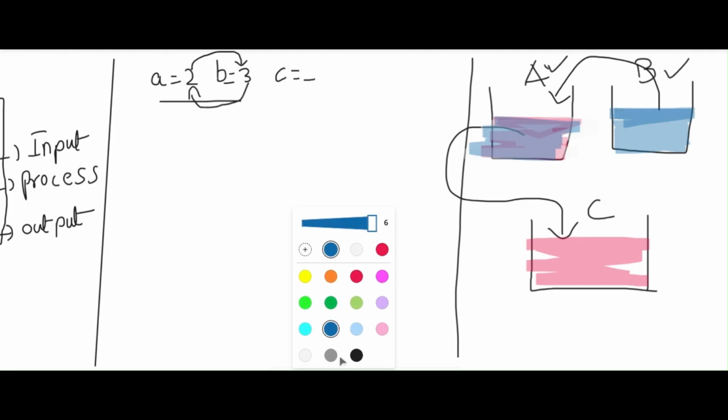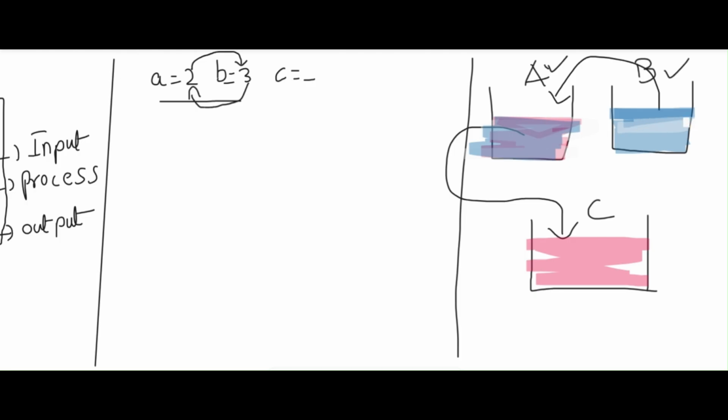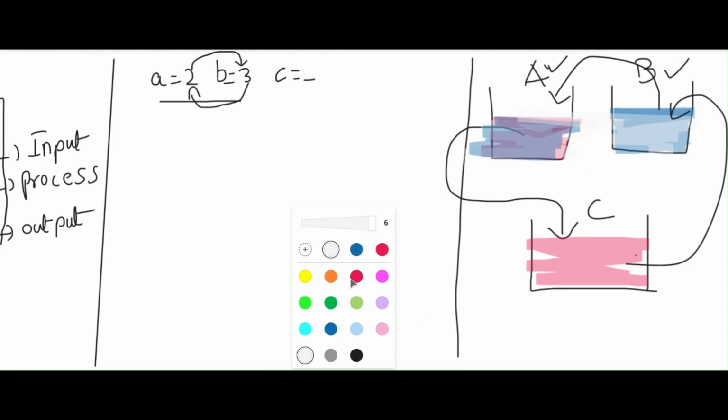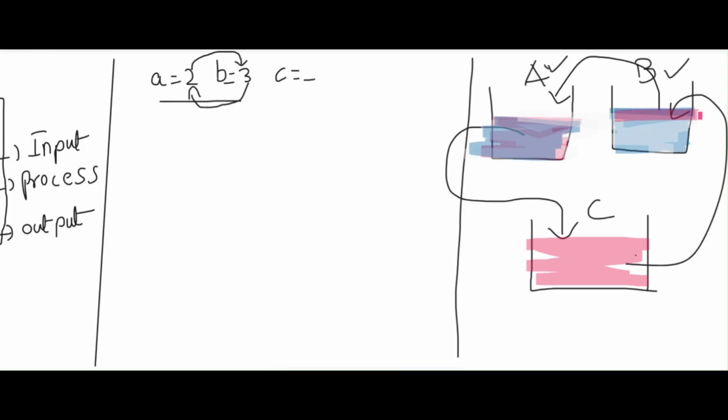Then you pour the water which is in C into bucket B. So what do we have in bucket B now? You will have red color. See, swapped. Now bucket C has no water. You swapped red and blue.